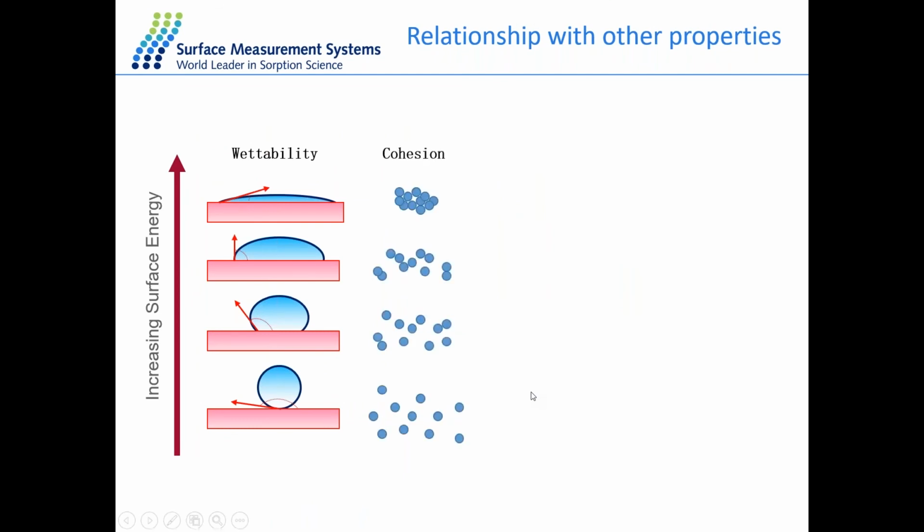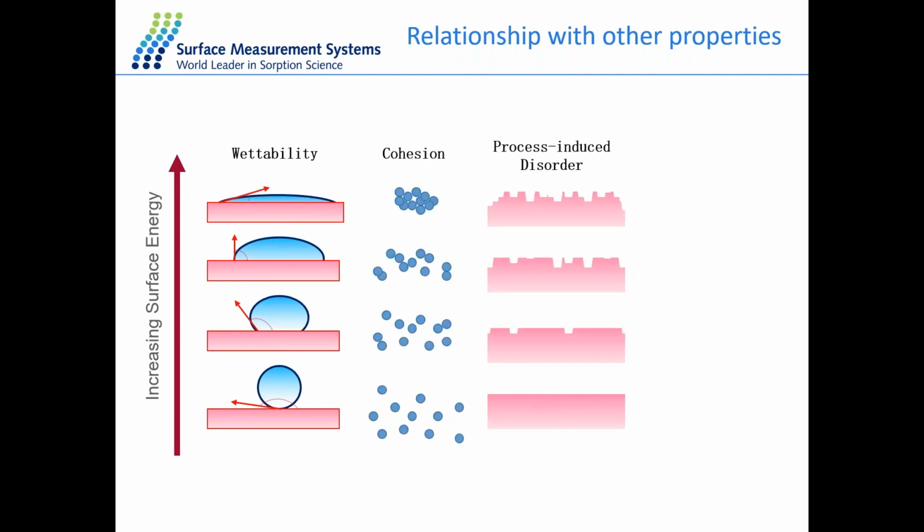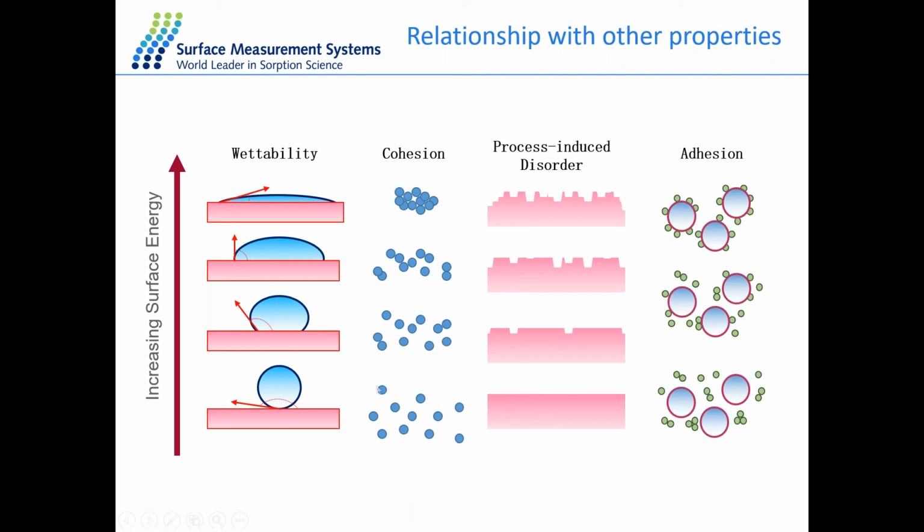Surface energy is an interesting property because it can be related to other properties. With increasing surface energy, you would get increasing wettability. You can also get increased work of cohesion. In this case, how likely is it that your sample material is to interact with itself?